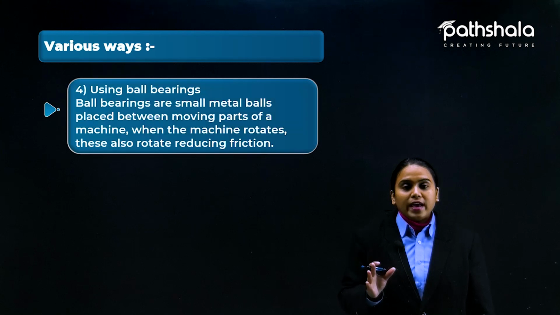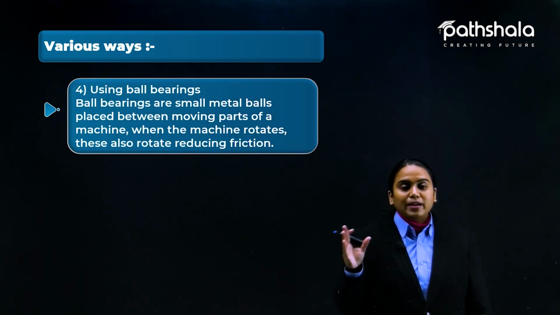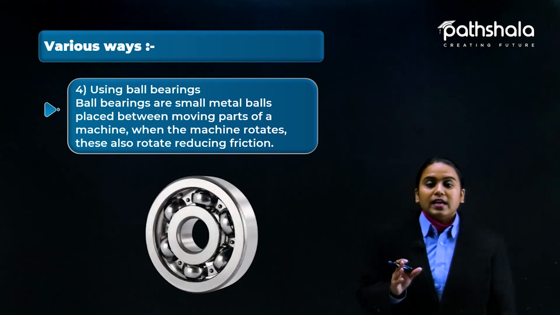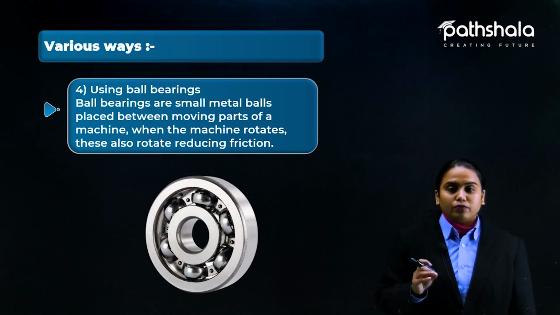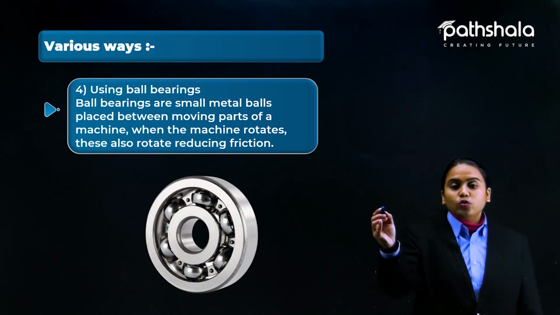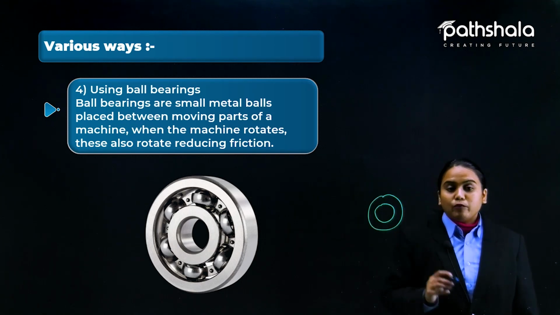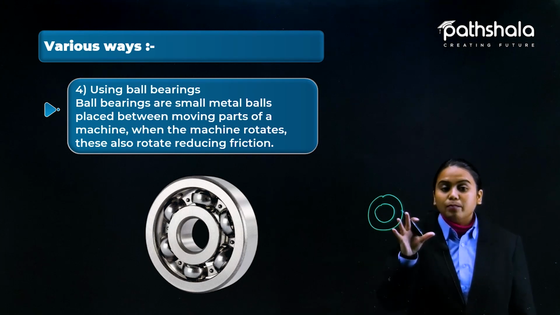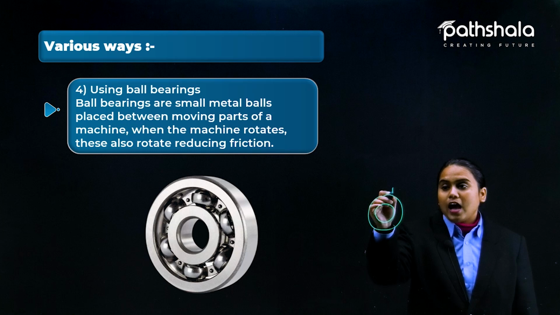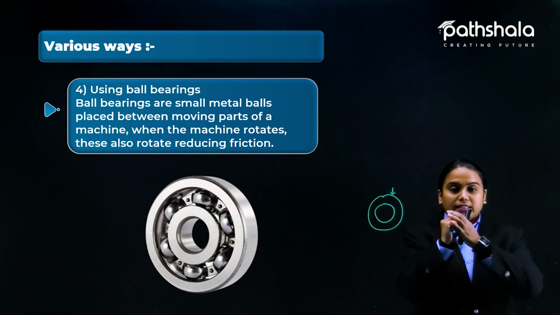Now another way is using the ball bearing. Now what is a ball bearing? This might be a new term for you, but it is actually small metal balls placed between any two surfaces that are machine parts. Here you can see that two rings are there, one ring and another ring over it, and according to our machine, we want the outer disc to roll over the inner disc like this.